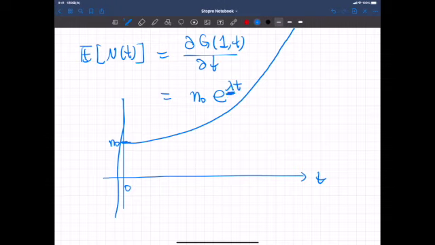So this is a very simple result and easily interpretable. If nothing dies, and the population only increases by birth or cell division at a certain constant rate times the population size at each point, then the population increases exponentially like this. So that's the main conclusion for the birth process.